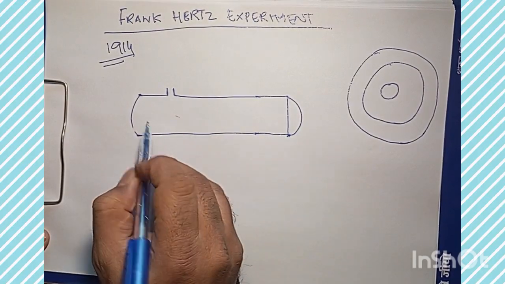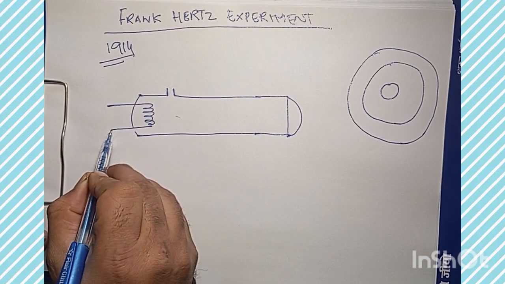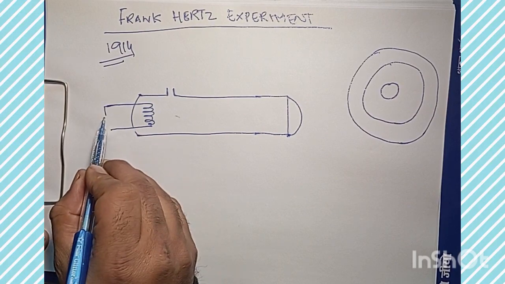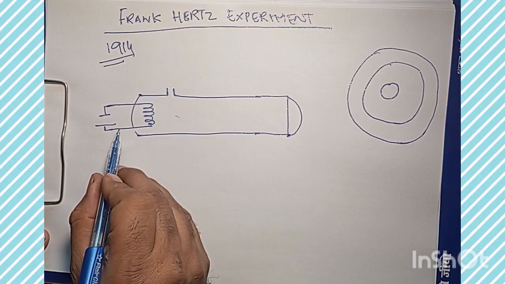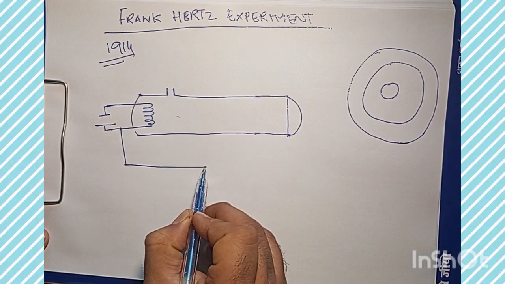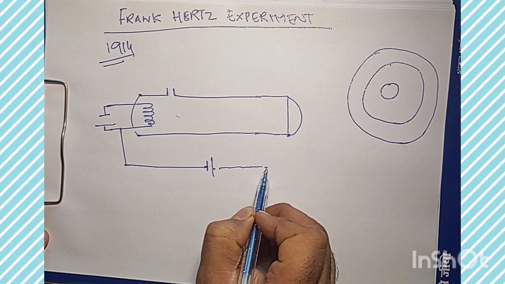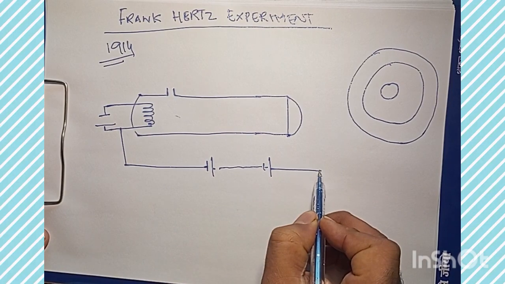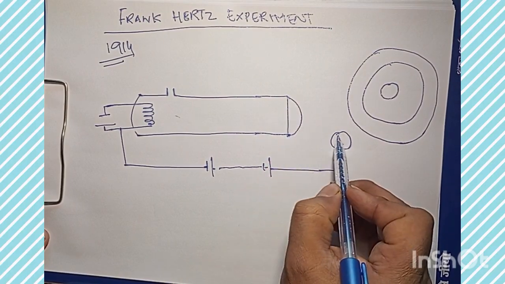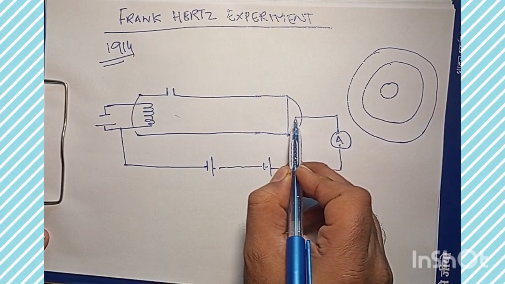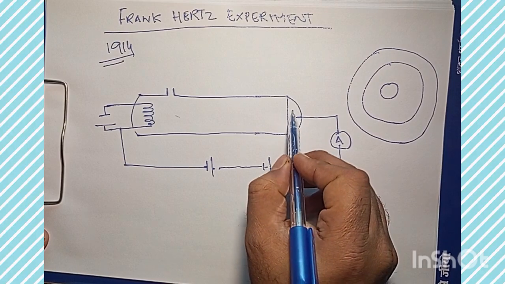Then we must have some filament that will emit electrons. For that we will have a supply, then we have a current meter, and then we have another plate here.